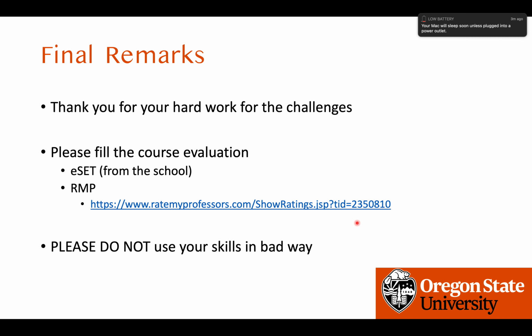And for the final remark, we learned real hacking techniques in this class. Please use your skills in a good way, for fixing vulnerabilities and demonstrating that attacks could happen, to urge vendors to patch vulnerabilities, but please do not use your skills in a bad way.